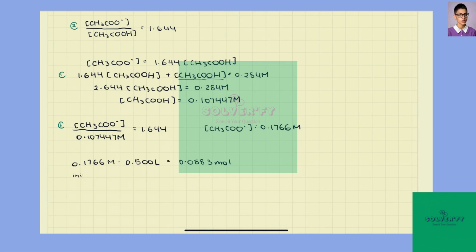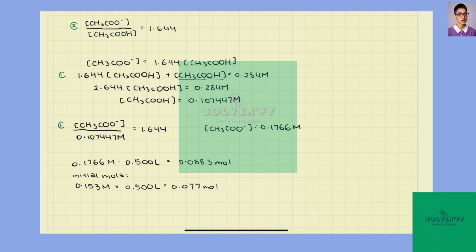And we can find the initial number of moles by using information found in part A. In part A, we have found that the molarity is 0.153, and we multiply by the volume, and we find ourselves 0.077 moles.